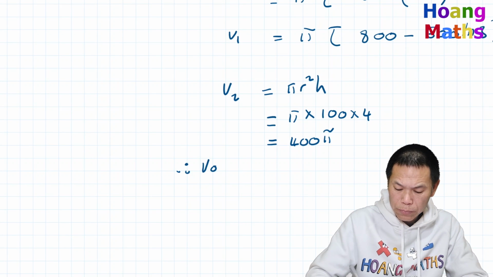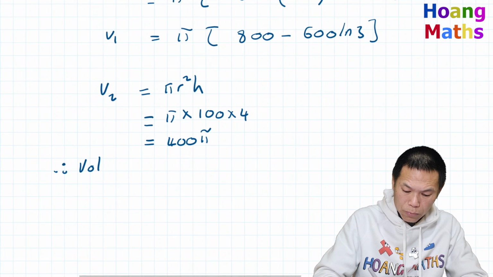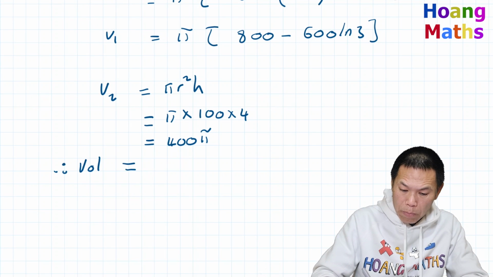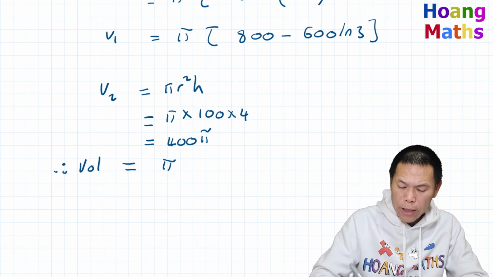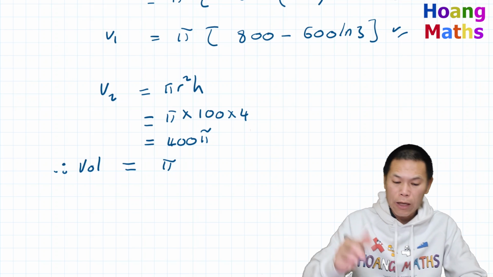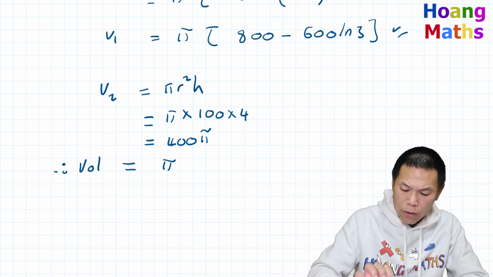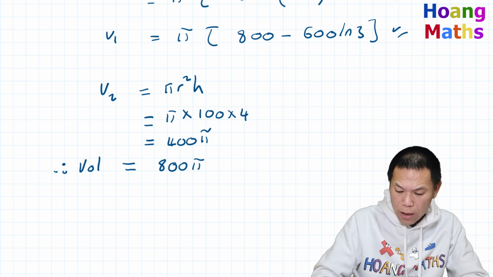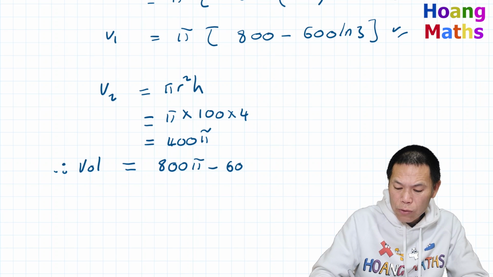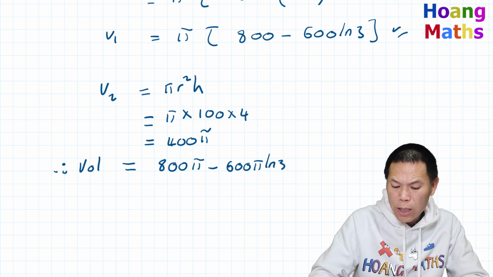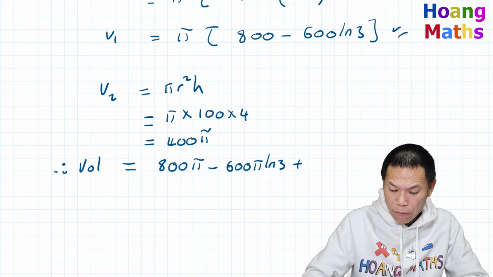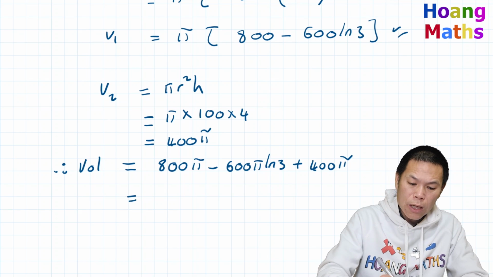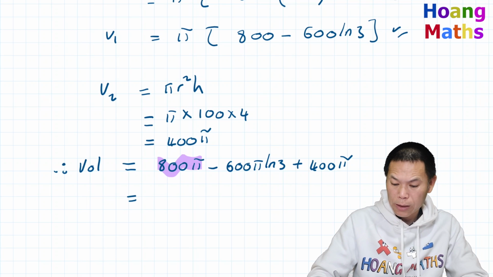So that is, therefore, the volume. Let me write this volume here in an expanded form. So that is 800 pi. We expand it out, so 800 pi, we minus 600 pi ln 3, we add 400 pi. Let me collect these like terms.